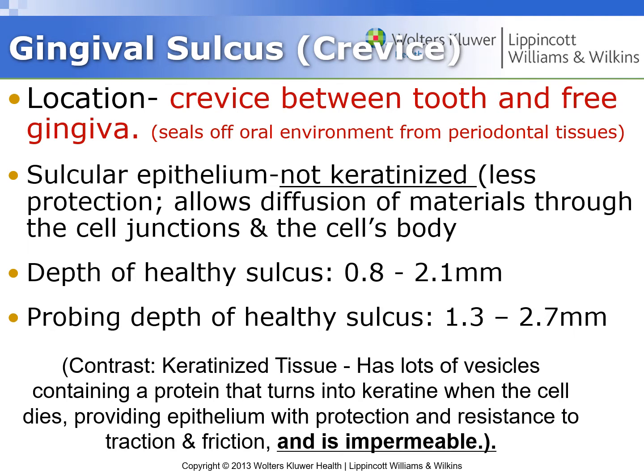In contrast, the keratinized tissue. Keratinized tissue has lots of vesicles containing a protein that turns into keratin when the cell dies. So it provides the epithelium with protection and resistance to traction and friction and is impermeable.